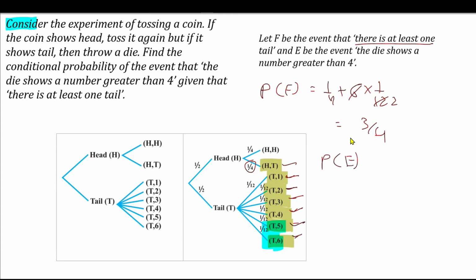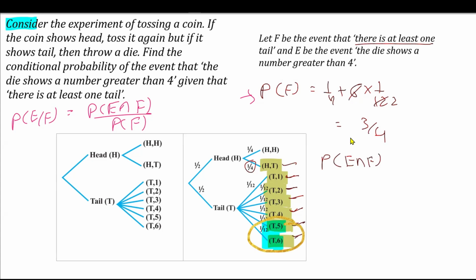Now we need to find the intersection of E and F, because we have to find P(E|F), which is P(E intersection F) over P(F). We have calculated P(F). Now I'll find the common part. It's well presented here: the outcomes colored both yellow and green.